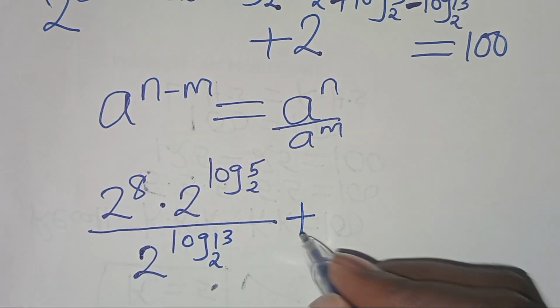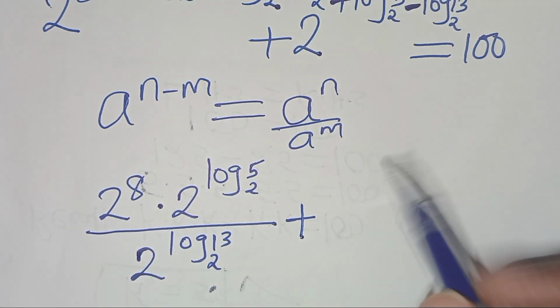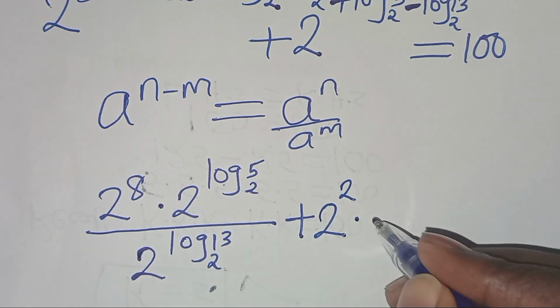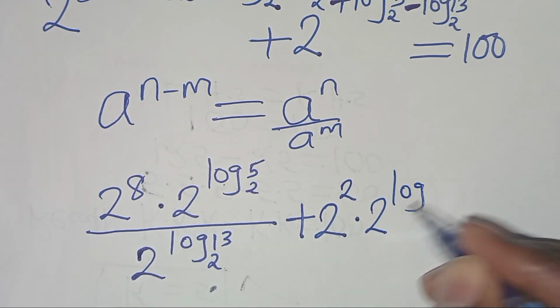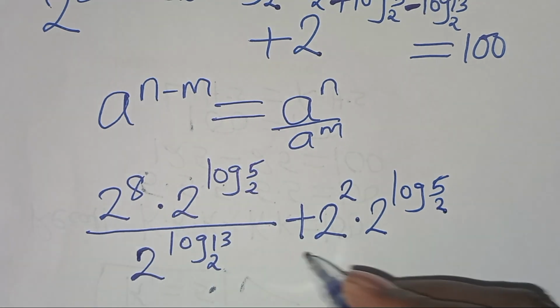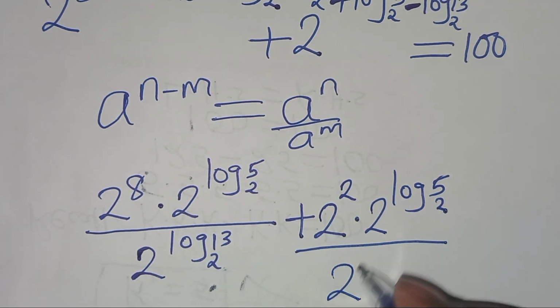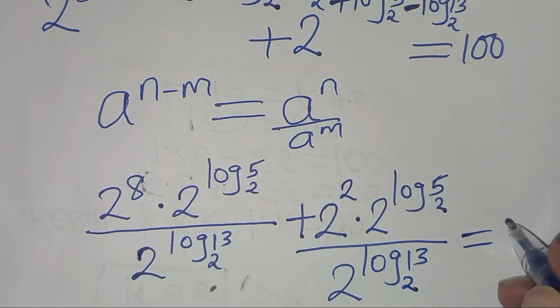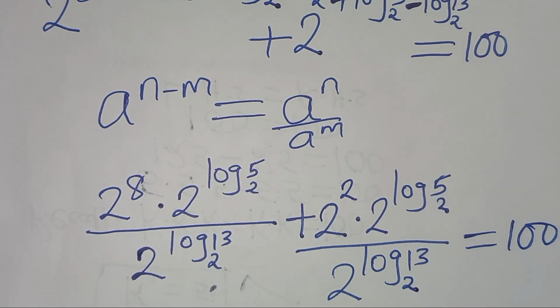Then plus 2 to power 2 multiplied by 2 to power log 5 to base 2, divided by 2 to power log 13 to base 2. This is supposed to give us a value of 100.